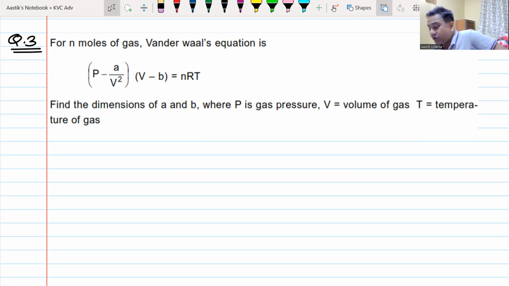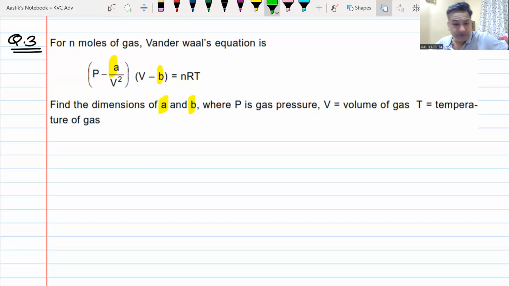For n number of moles of a gas, the van der Waals equation is (P minus A by V square) multiplied by (V minus B) is equal to nRT. Find the dimensions of A and B. A and B are the unknowns.